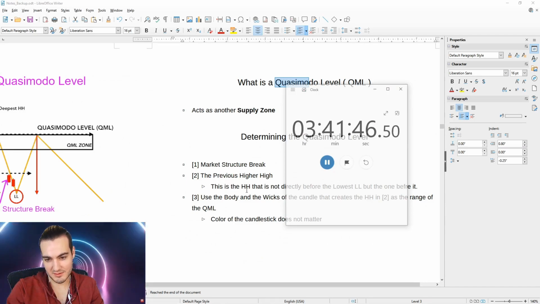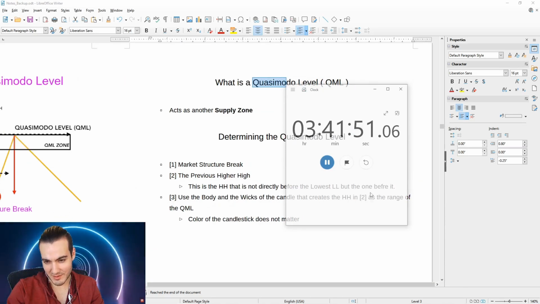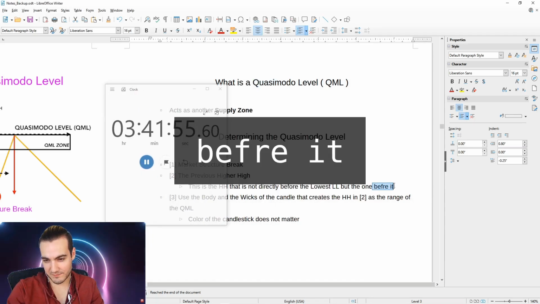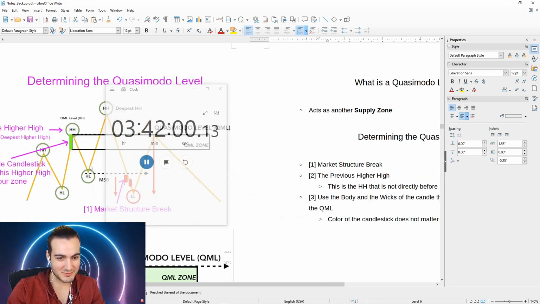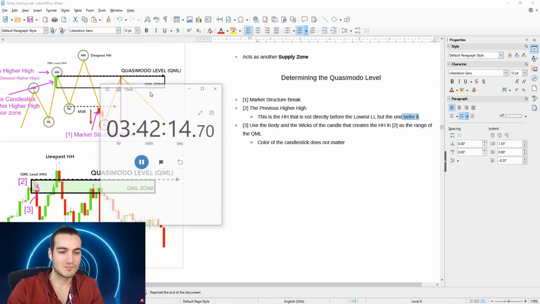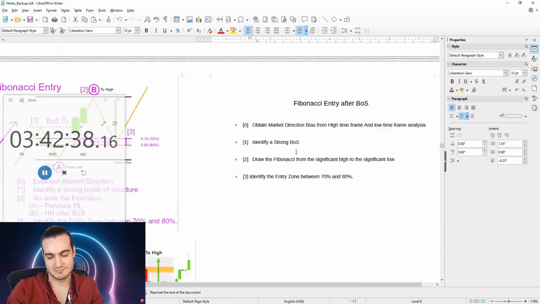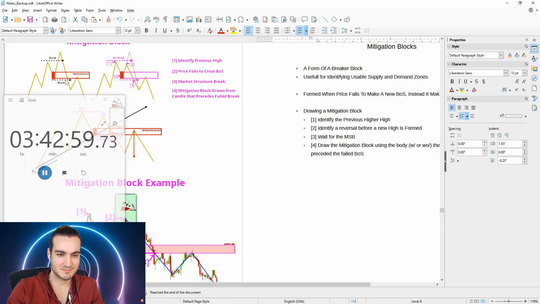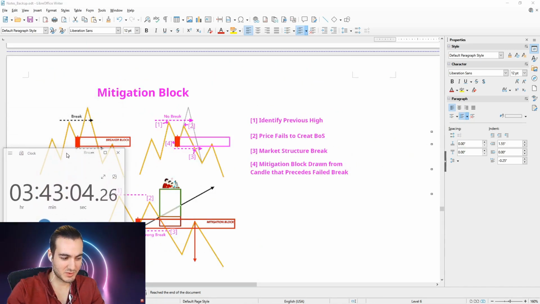This is the higher high that is not directly before the lower low, but the one before it. So if we find the one before it, then that's our Quasimodo level, which would be here. Just calling it like it is, guys. I was totally off, thinking it was a mitigation block.